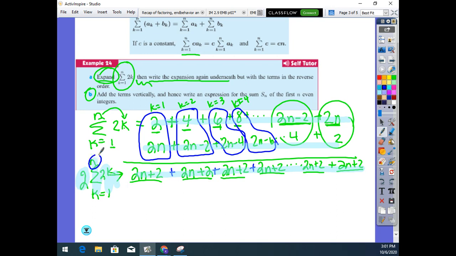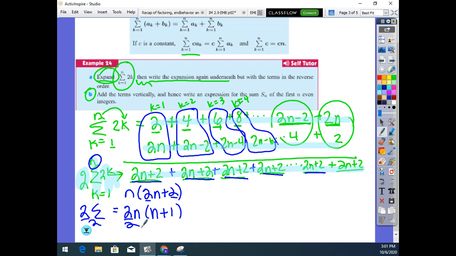I have n terms here, right? So there's n of 2n plus 2. But I can factor out that 2. You factor the 2 out front. So 2 of the summation equals this equation. And I can divide both sides by 2, which means the summation has the formula n times n plus 1.